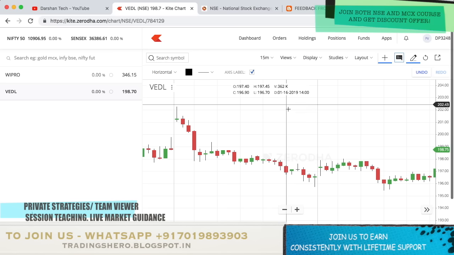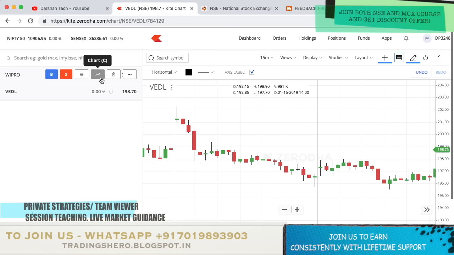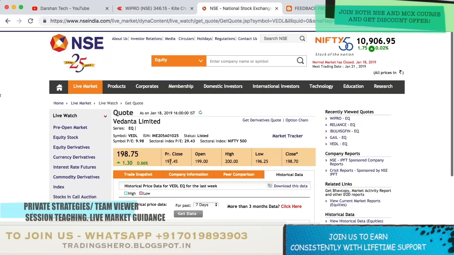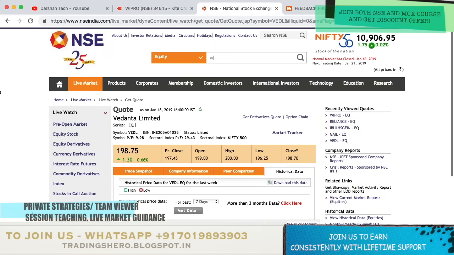Now let's try on other stocks. Let me just open Wipro here, and also let me go to the NSE India website and load up Wipro history. If you want to see the closing price, this is how you can see it on the NSE website.